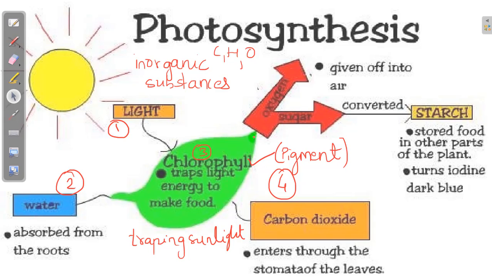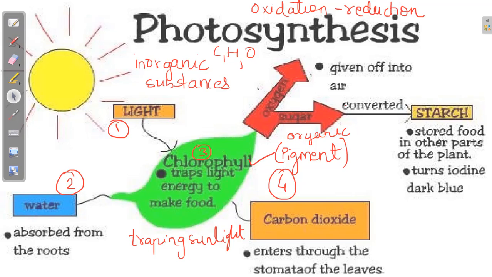These inorganic substances then react. A number of oxidation reduction reactions go on, please remember the type of reaction, which convert these inorganic substances into oxygen and an organic substance.